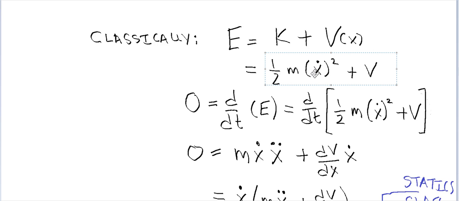The kinetic energy term is just half mv squared. x dot is just the first derivative of x with respect to time. So half mv squared is half m x dot squared plus V.